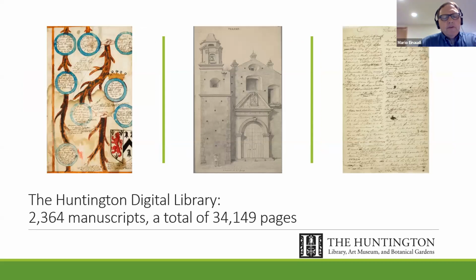We have over 2,364 manuscripts, a total of 34,000 pages. A lot of these are letters, but we have also drawings and reports from people traveling across the United States during the gold rush years.